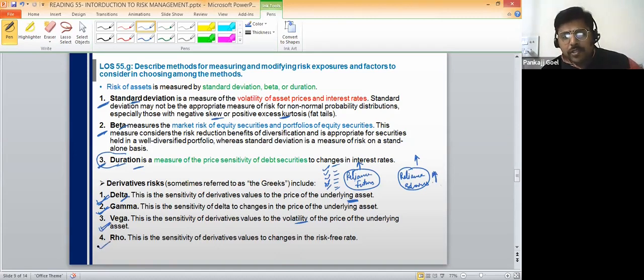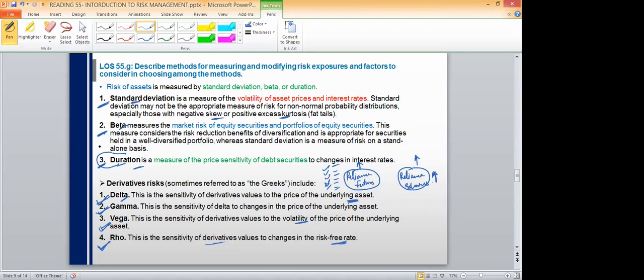And Rho establishes a relationship between the change in derivative prices and the risk-free rate. So if the risk-free rate changes, how is there an impact on the derivative prices? This is called Rho. Is this point clear, Harsh? Yes sir. Okay.